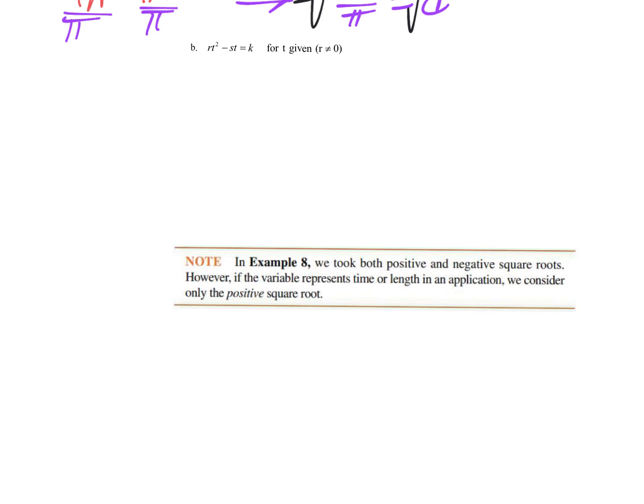Okay, so let's move k back to the other side: r t squared minus s t minus k equals 0. Let's identify what our a, b, and c are in this case. So a is r, b is negative s, and c is negative k.